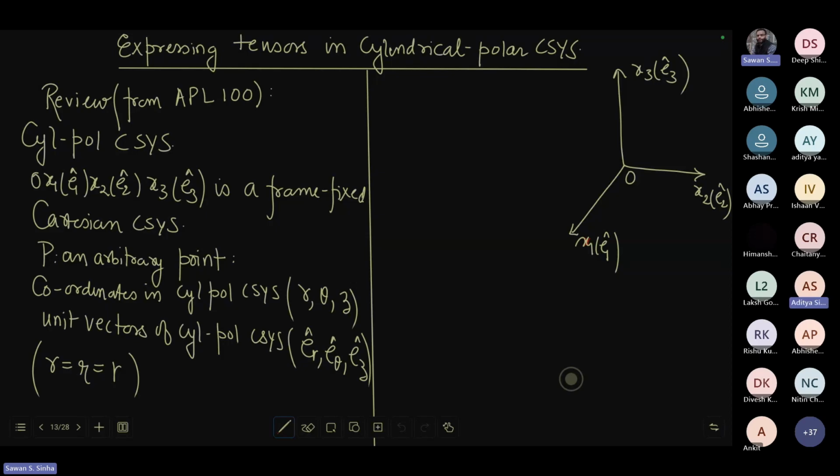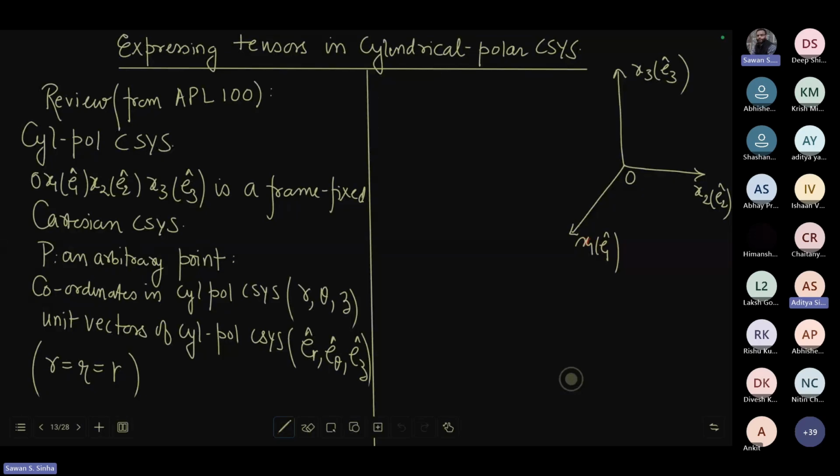When you are trying to study fluid motion, we will come across some flow fields in which a cylindrical polar coordinate system would be better than a Cartesian coordinate system.